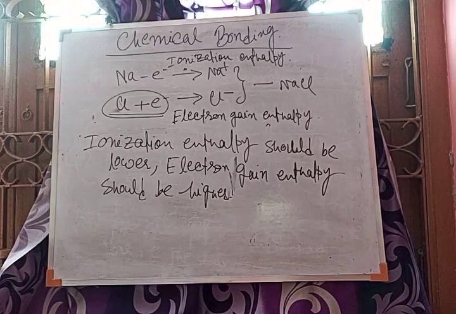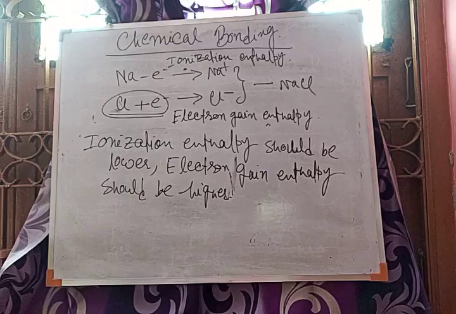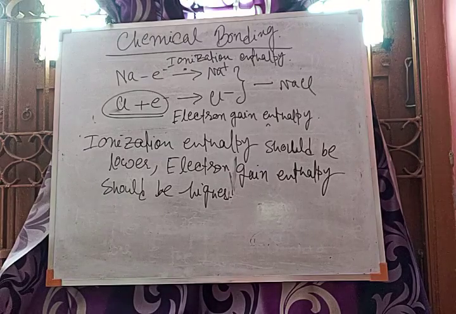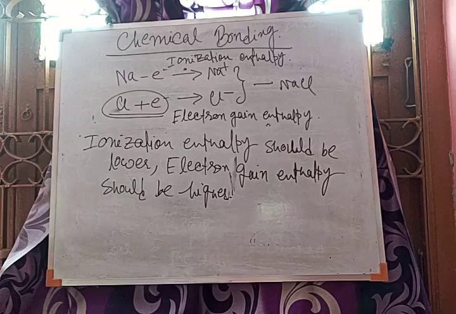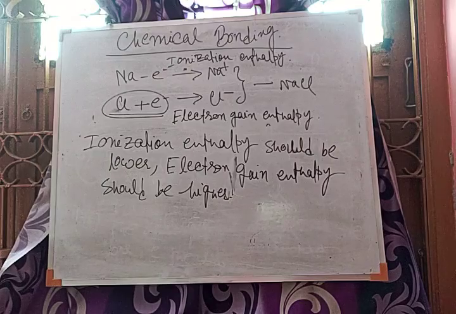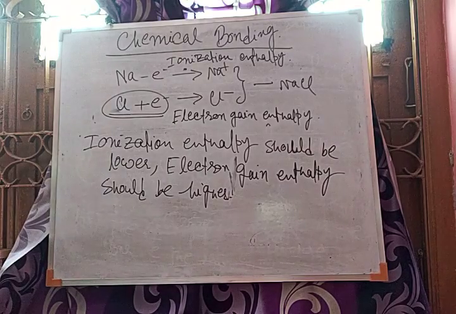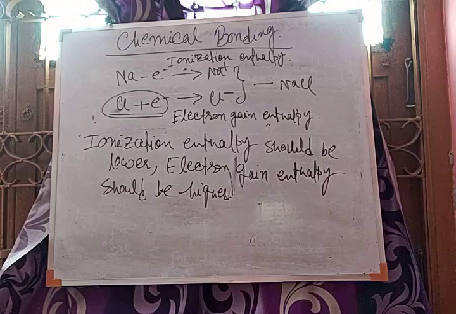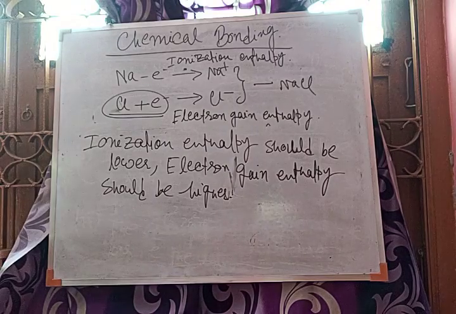Next, in the case of ionic structure, there is a particular lattice structure. Some unit cells combine and form a lattice structure. Every ionic compound has a particular array of ions, and that is known as the lattice structure. During the formation of that lattice, some energy is released, and that energy is known as lattice energy.